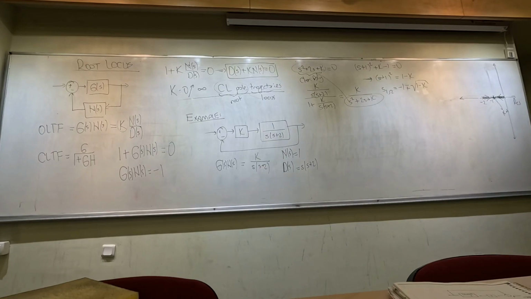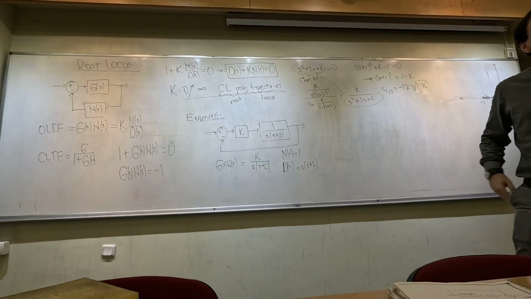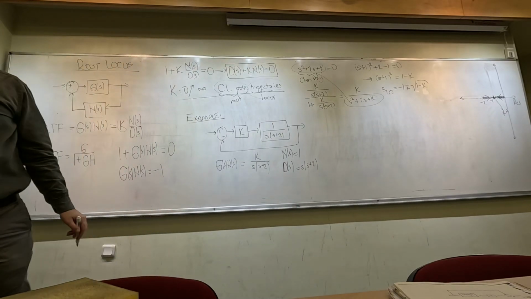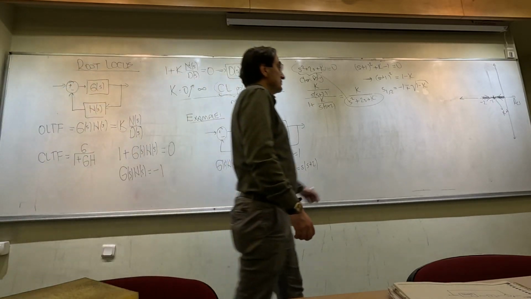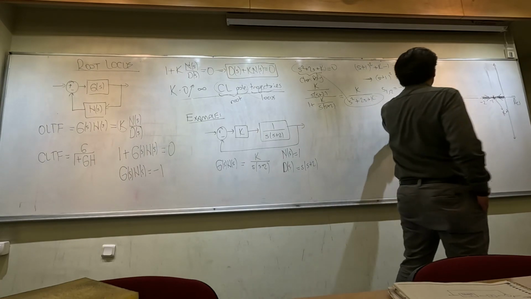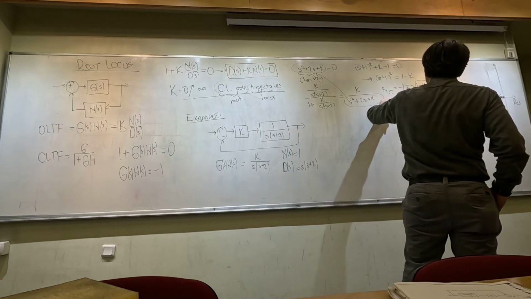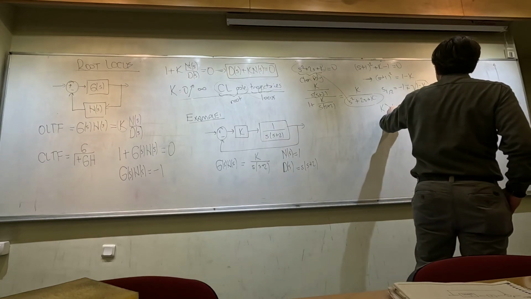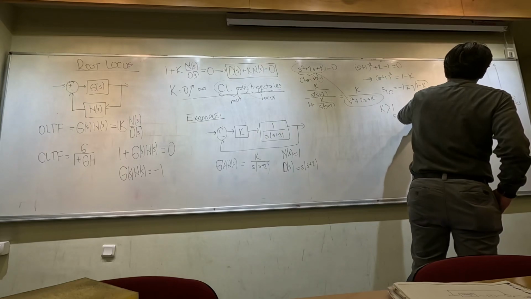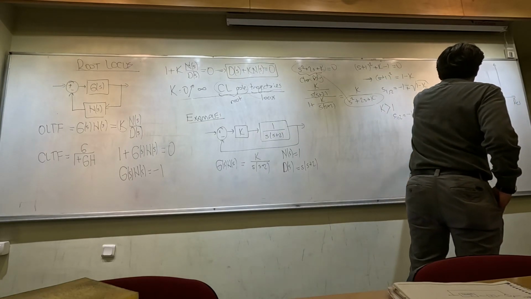And then what is going to happen if I increase k even further? If I increase k even further, then this number is going to be complex. So if k is larger than 1, then s1,2 is going to be minus 1 plus minus j square root of k minus 1.